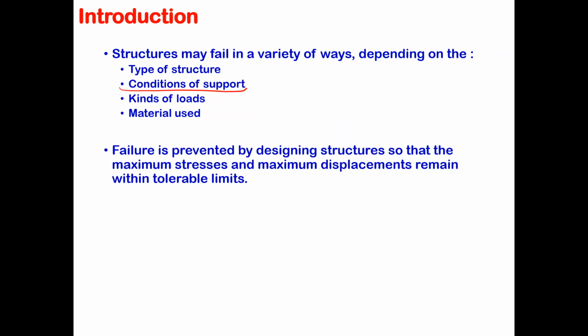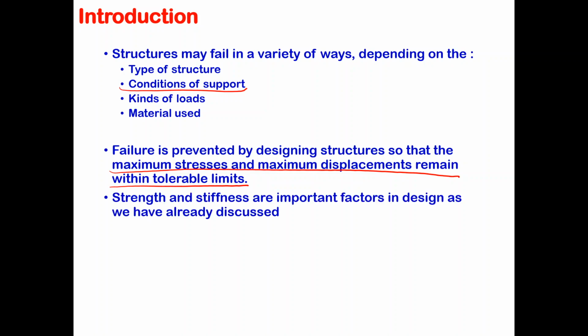Failure can be prevented by designing structures so that the maximum stresses and minimum displacement remain within tolerable limits. Strength and stiffness are very important factors in designing a structure, as we have already discussed.